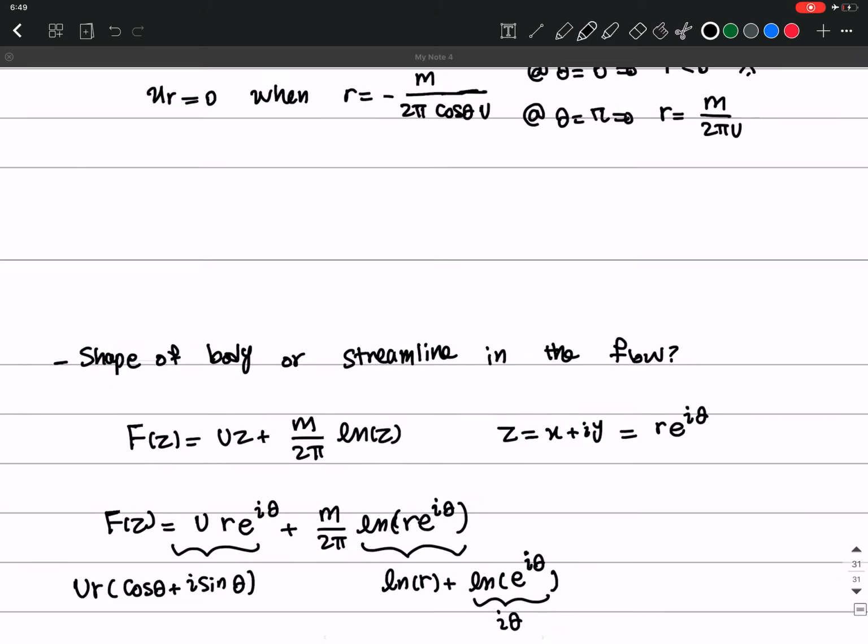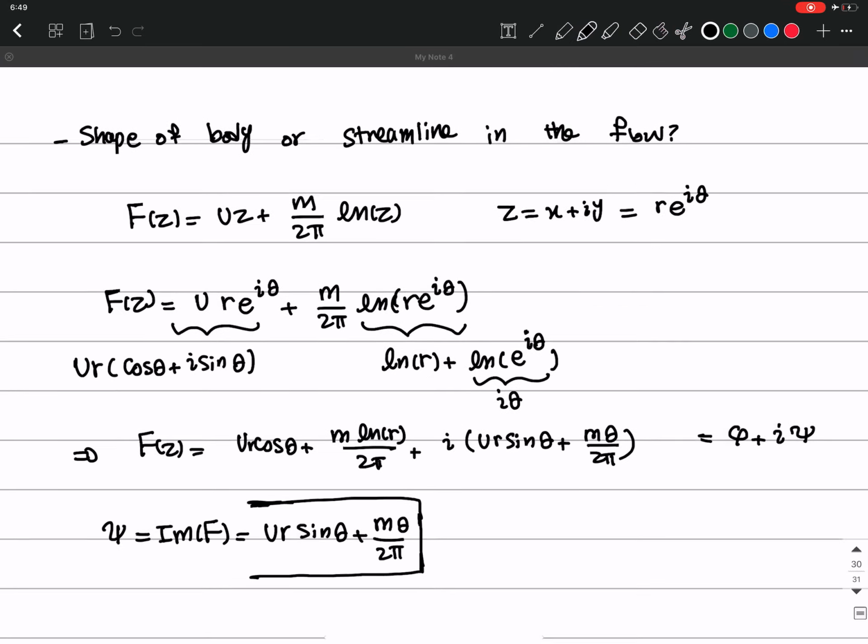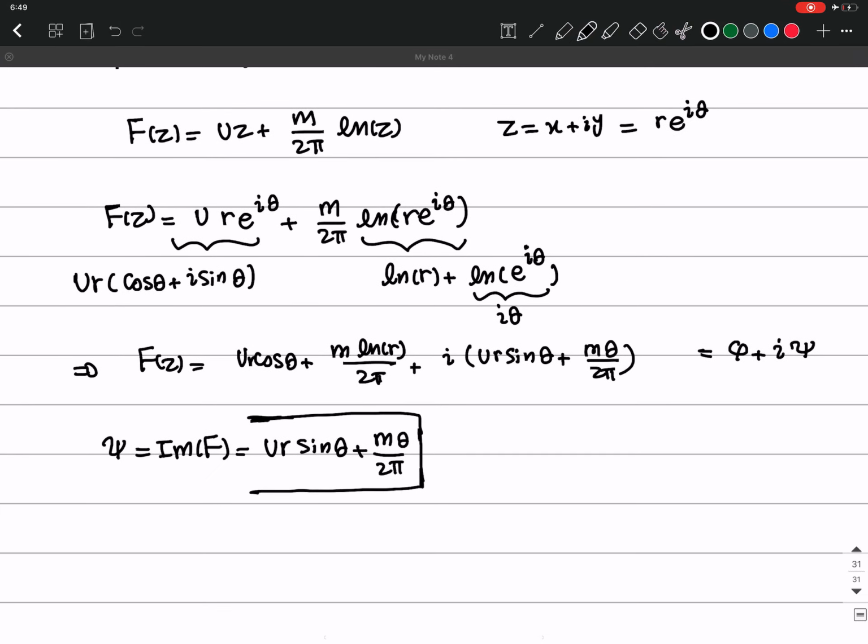All the shapes of these can be found through this formula. You simply vary theta and r, set this equal to a constant psi, and then find the shape based on those.